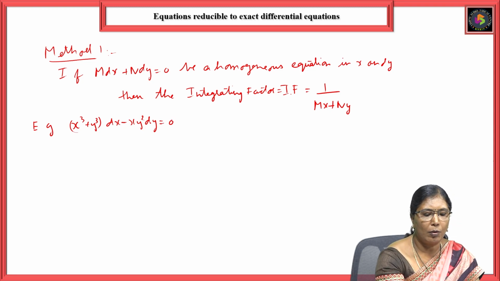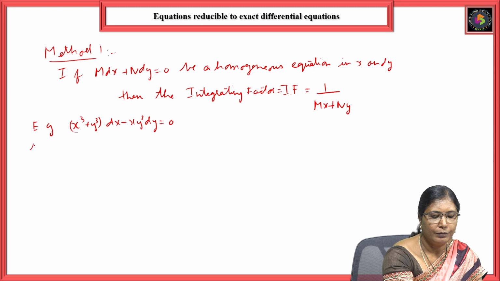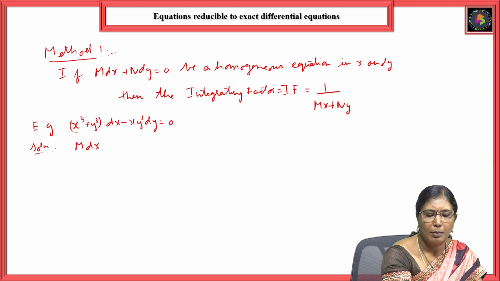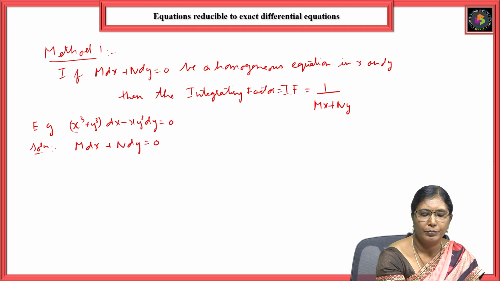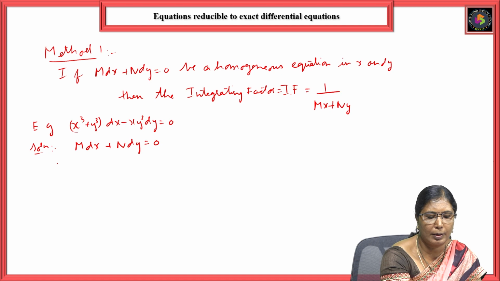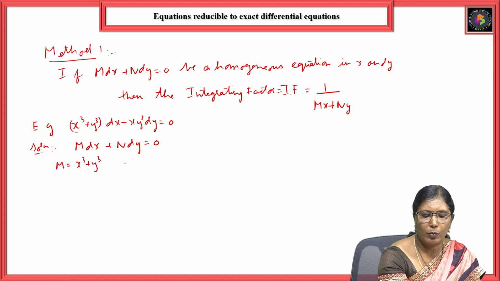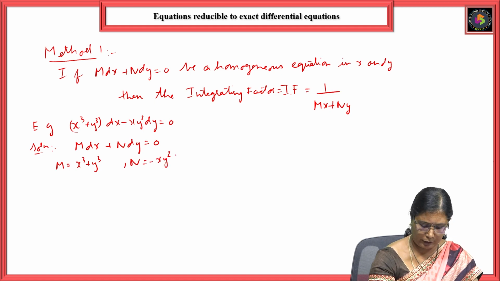Now first of all, it is in the form of M dx plus N dy is equal to 0. Comparing, M is equal to x cube plus y cube, and N is equal to minus x y square.